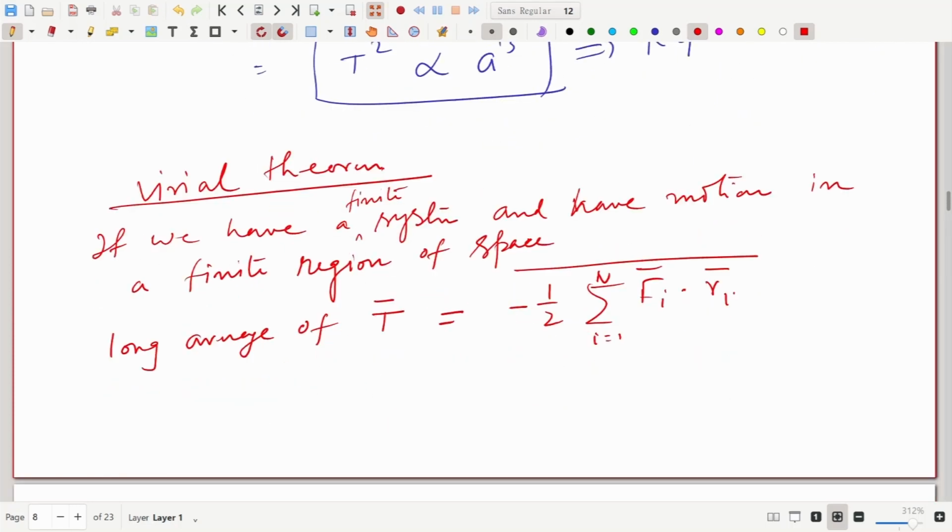So, the summation is over all particles, n is the number of particles. This is the statement of the Virial theorem.